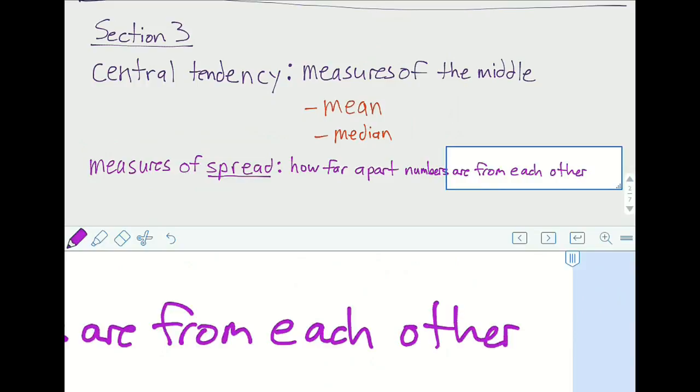And the reason we care about that is if everything is very clumped together and consistent, you're going to treat that differently than if it was not clumped together and consistent.